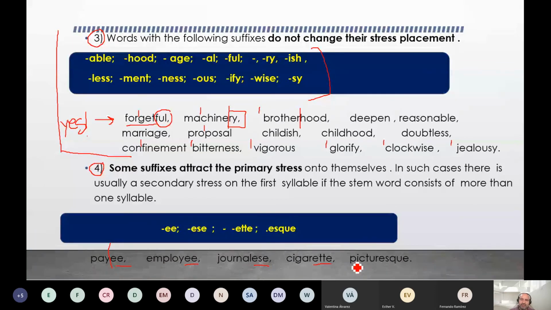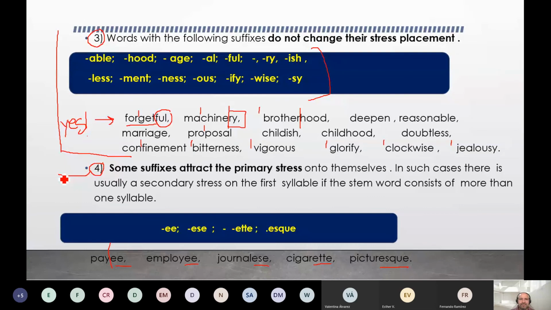Picture, but picturesque. So this is a very interesting case in which the suffixes attract the emphasis, attract the prominence, attract the stress from the word, right? It's like they suck the stress. It's like a magnet, okay?